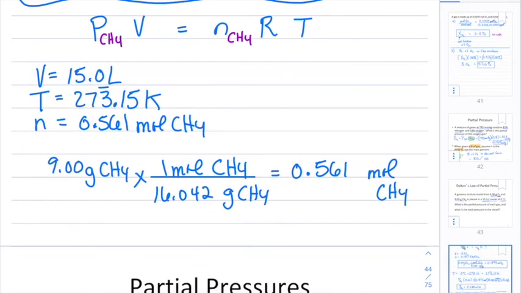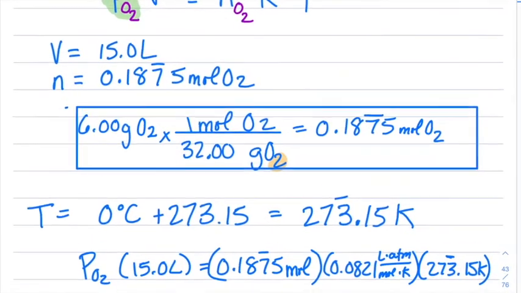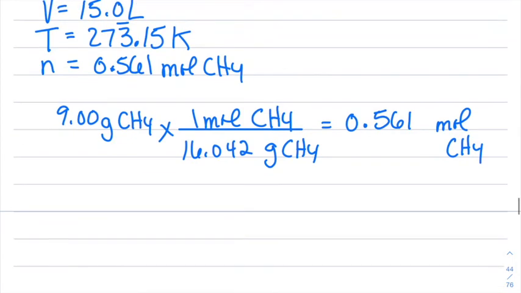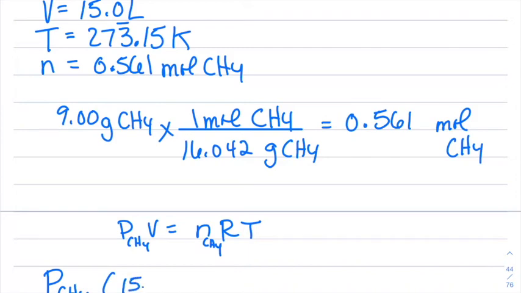And let's calculate this one out together. So PV equals nRT, and we're dealing with CH4. We're trying to find the pressure of CH4. We know our volume to be 15 liters.